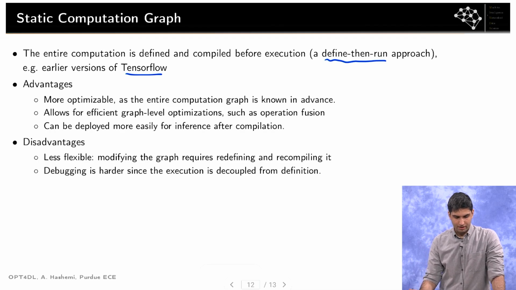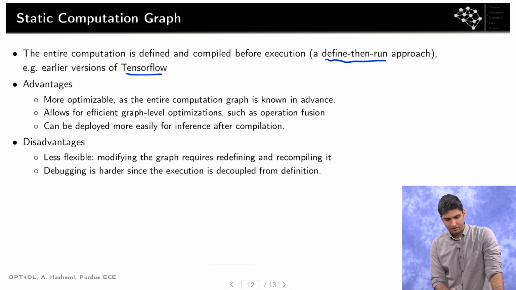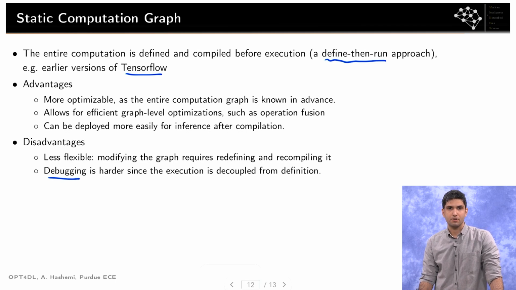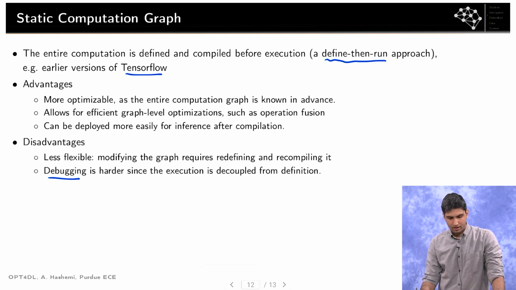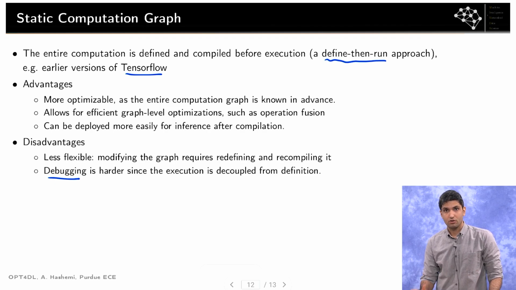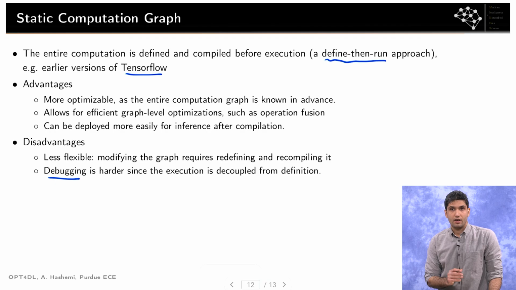But the disadvantage is that this is not very flexible, and also more importantly, the debugging process is going to be difficult. Because if there was some bug happening when we define the graph, we're not going to see that bug or even notice the bug when we define the graph. We're only going to notice it in the execution phase of our computation.